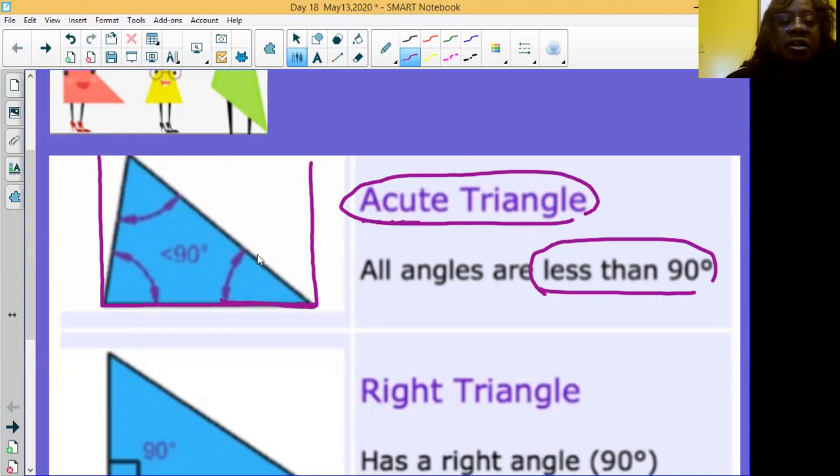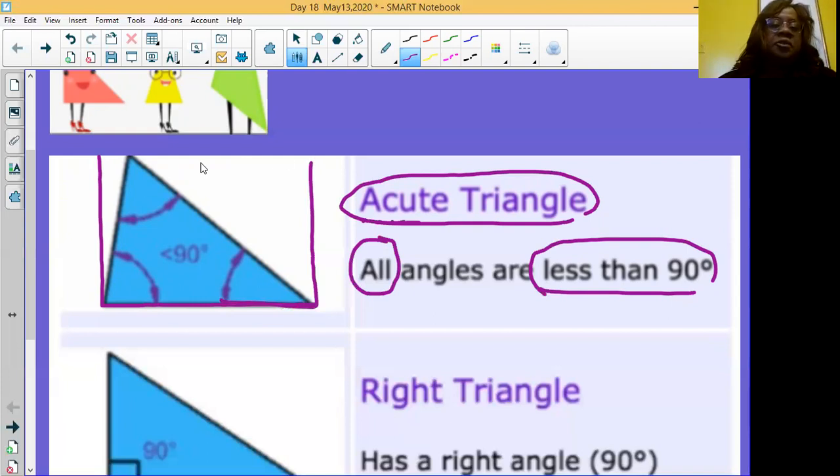It's the black line, and obviously the angle is less than 90 degrees. Now, for it to be counted as an acute triangle, all the angles have to be less than 90 degrees.